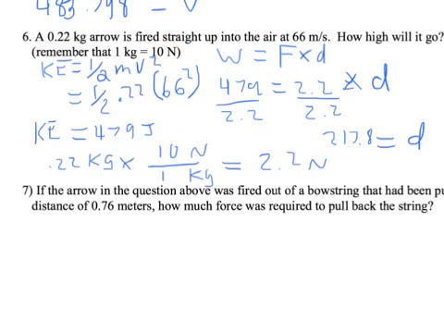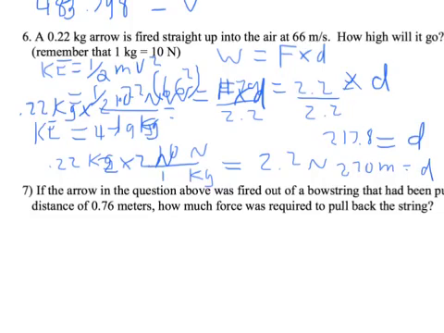Remember, we're not going to let our conversion factors limit our significance, so I'm going to round that to two significant figures. In that case, it's 220. So the answer is 220 meters equals the distance in the air that arrow can be fired.